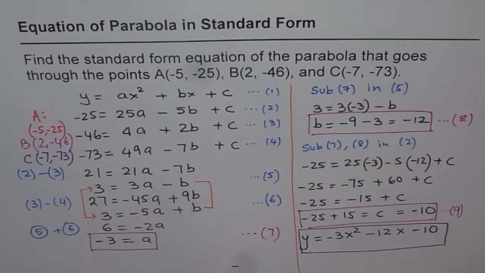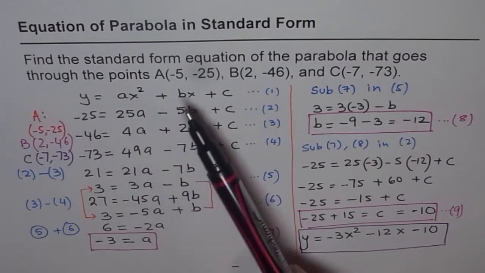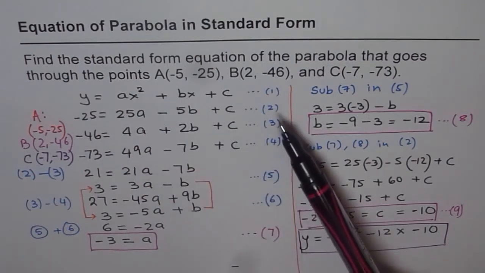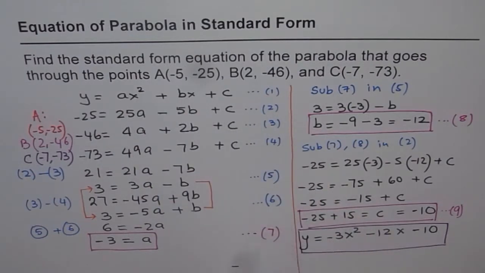For that we have 3 points. Important thing here is when you substitute the values of x and get your equations, number them and keep numbering them so that we can communicate and eliminate one by one the unknowns, and then finally once we get one of them, substitute that to get the others.